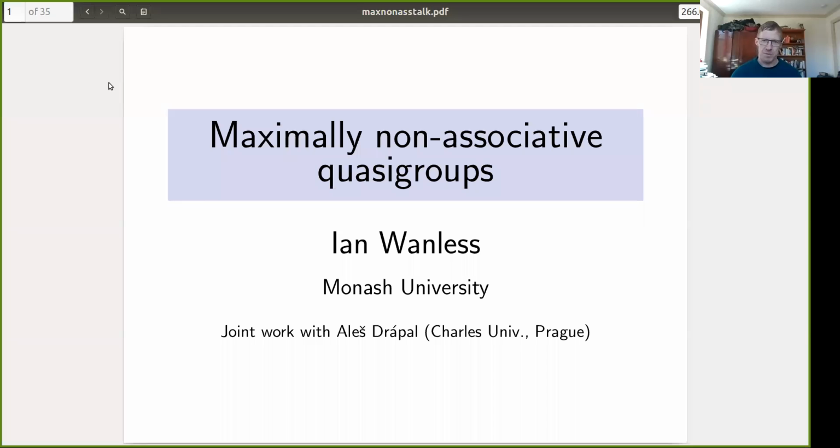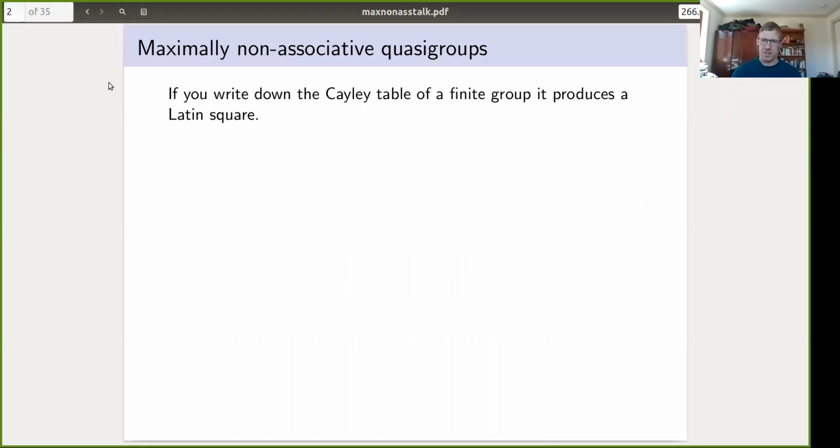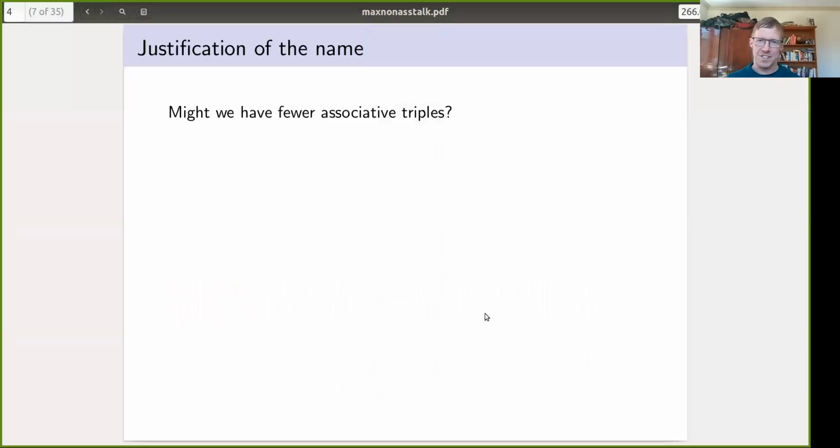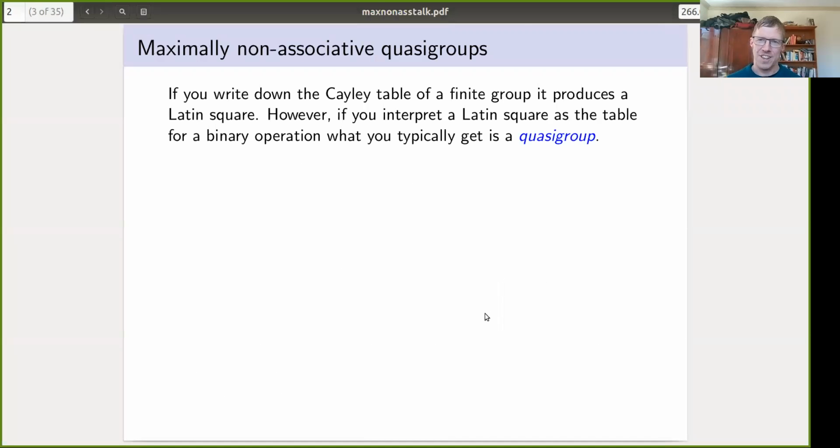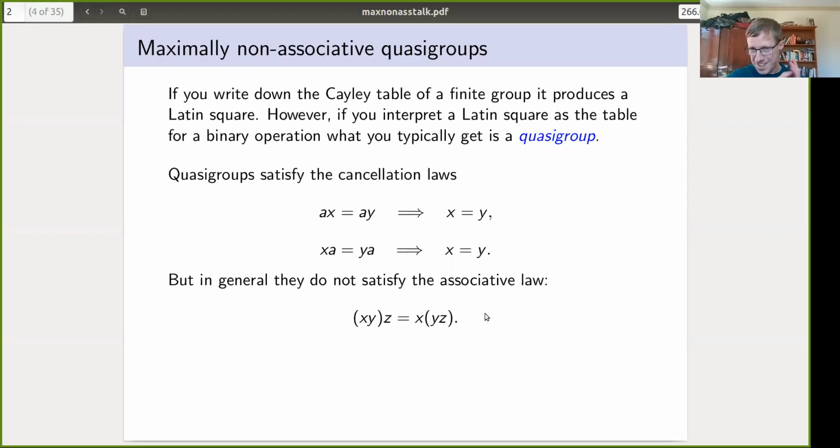Okay, so I am talking about quasigroups, and that's more or less the same, if you're a combinatorialist, as talking about Latin squares. If you write down a finite group as a Cayley table, you get a Latin square.